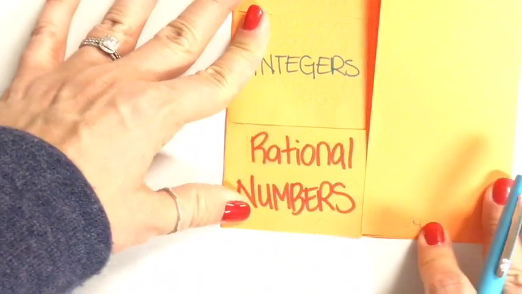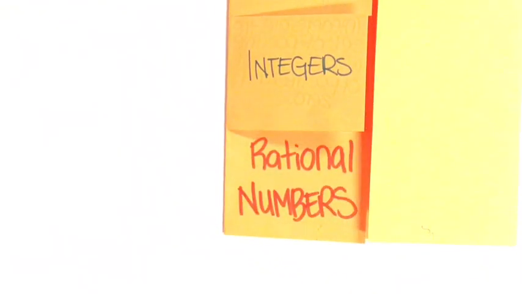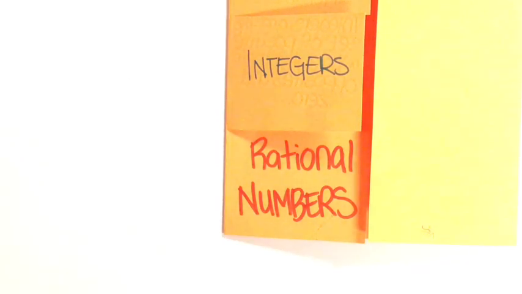The last type of number we're going to be working with is rational numbers. You've actually been working with these all year. We've been working with decimals and fractions and numbers that aren't whole numbers, numbers that aren't necessarily just negative. So when we're looking at this, we need to realize these are numbers we already know.